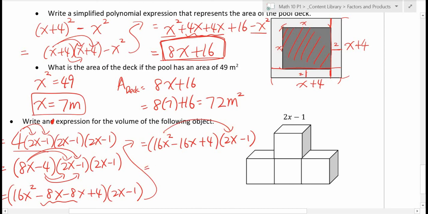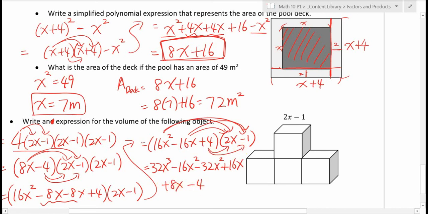That's 16x squared times 2x, that's 32x cubed. 16x squared times negative 1 is negative 16x squared. Negative 16x times 2x is negative 32x squared. Negative 16x times negative 1 is plus 16x. I'm running out of room, so I'm going to continue with the next line here. That's 4 times 2x, that's plus 8x. 4 times negative 1, that's minus 4.